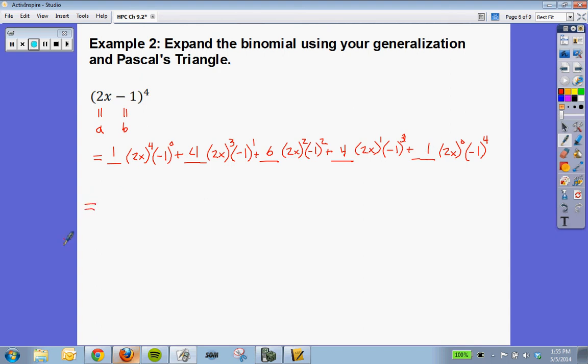So let's simplify this and see what we get. We have a 2 times 2 times 2 times 2, that gives us a 16, and then x to the 4th. Negative 1 to the 0 is just a 1. So we have a 16x to the 4th. In the next spot, we have a 2 times 2 times 2. That's an 8.